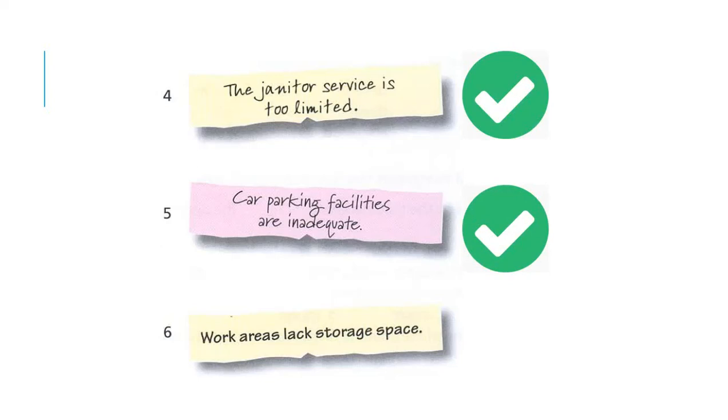Number six says work areas lack storage space. Lack is a verb and it means to not have. So work areas do not have storage space. Storage means space for saving things. So that there is not enough space for saving things.